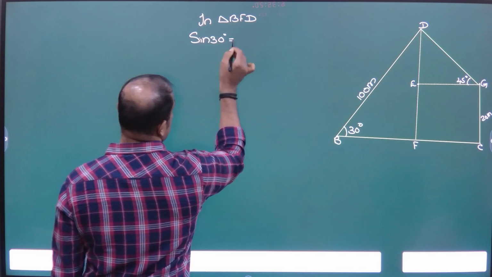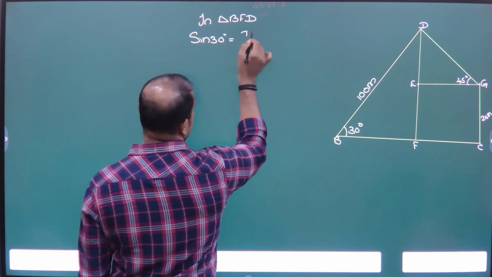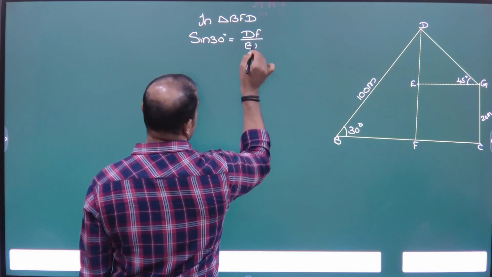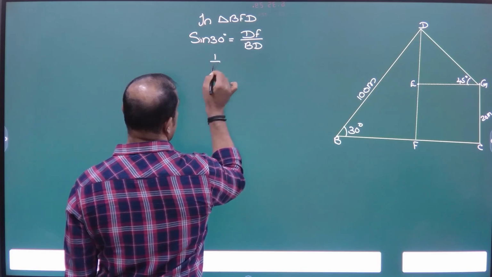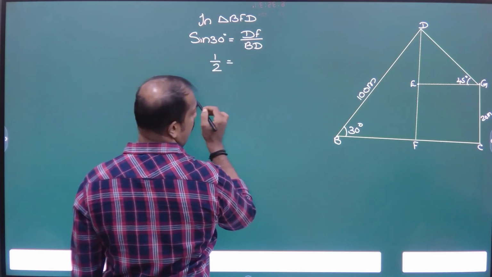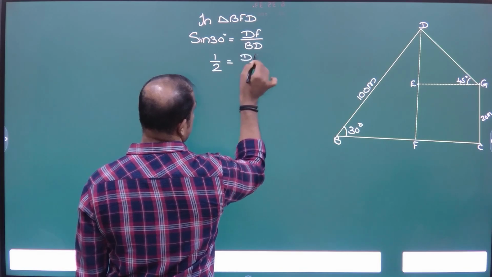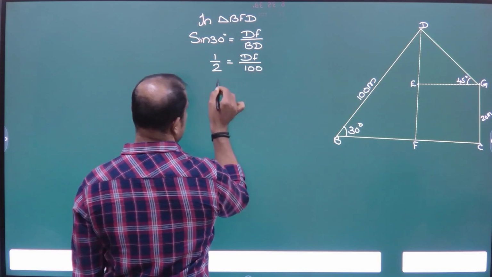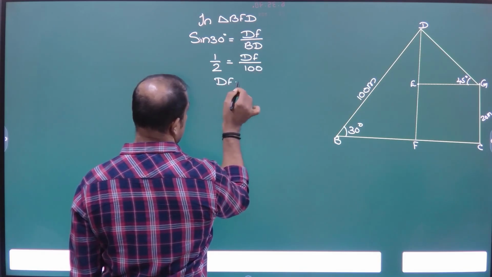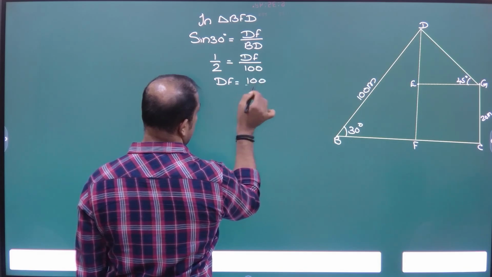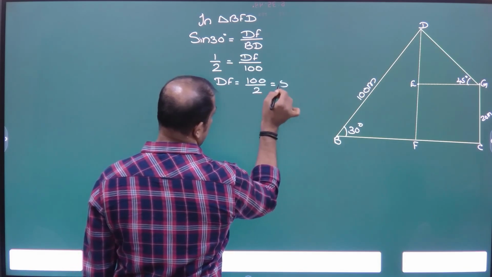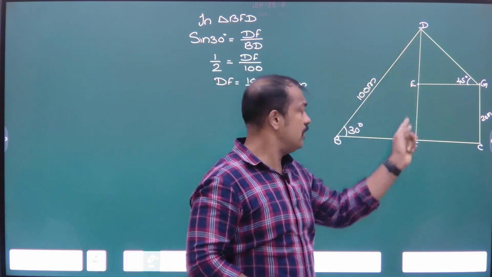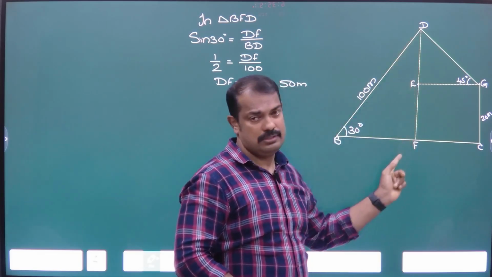Sin 30 is equal to DF divided by BD. What is sin 30? 1 by 2. What is DF that you have to find? BD is 100. So DF is 100 divided by 2, which is 50 meters. Now we have the value of DF, 50.